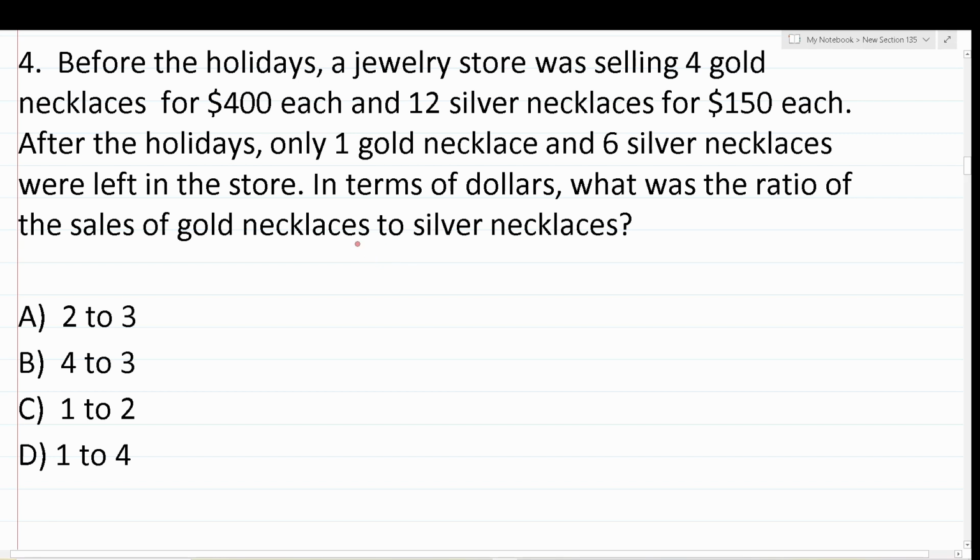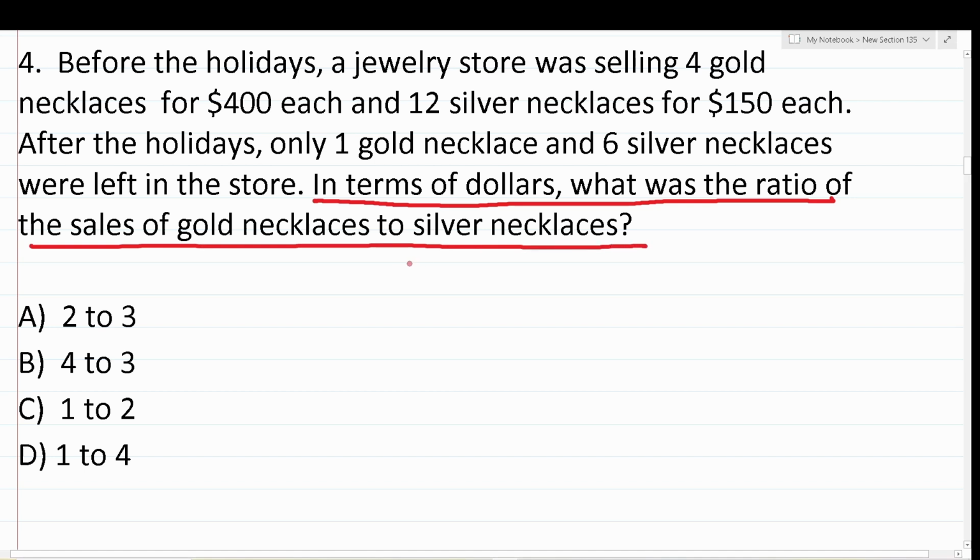All right, so for a problem like this, where there's a lot going on, it might be helpful to work your way backwards. So let's start with this last statement in this problem. It says, in terms of dollars, what was the ratio of the sales of gold necklaces to silver necklaces? So that looks like this.